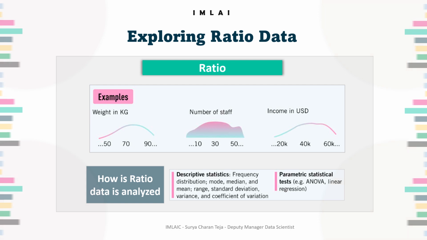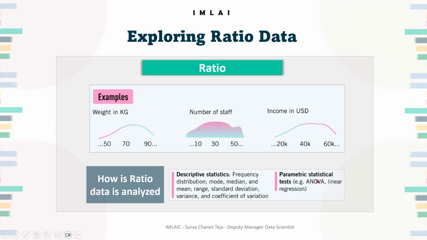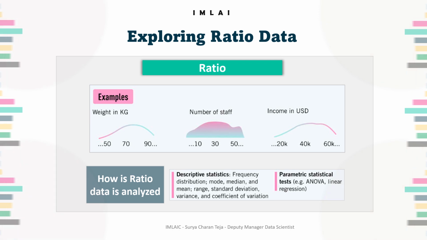Then we have the ANOVA test, to compare the mean values across three or more samples of data. For example, what's the difference in the average income of 40 to 50-year-olds living in London, Leeds, and Birmingham?